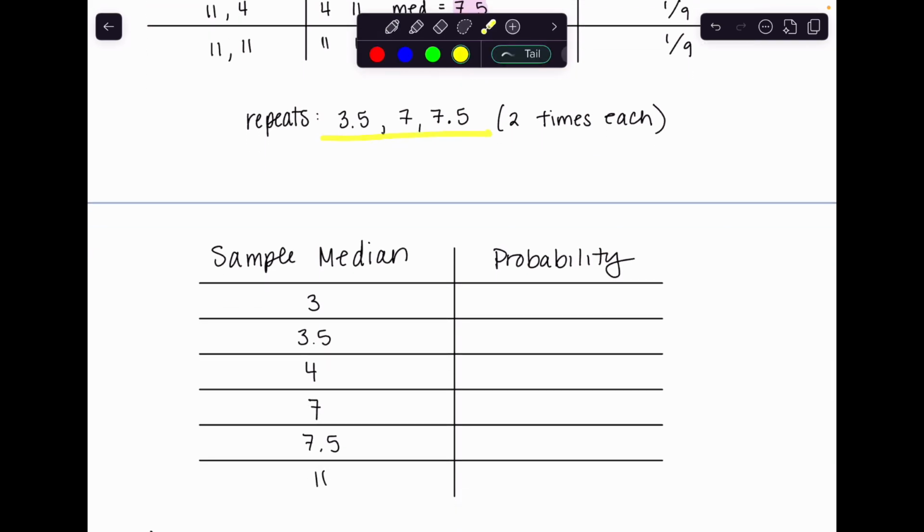Only these 3 repeats have a probability of 2 out of 9. Everything else has a probability of 1 out of 9. And so if I add this up, 1, 2, 3, 4, 5, 6, 7, 8, 9, giving me 100% probability. So this is a probability distribution.